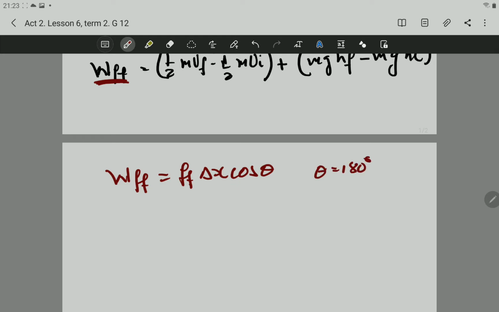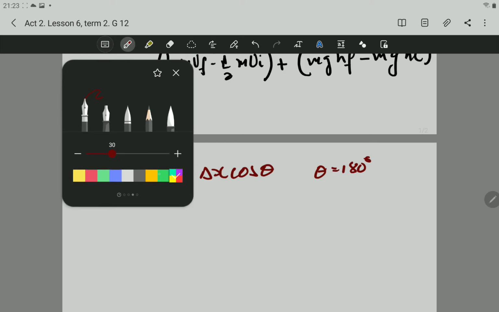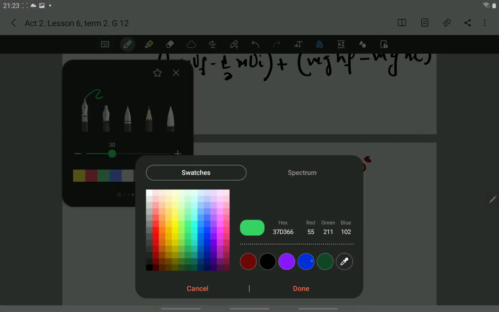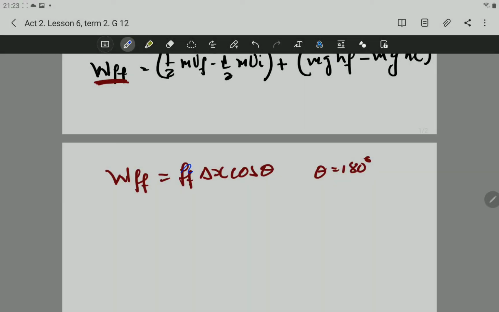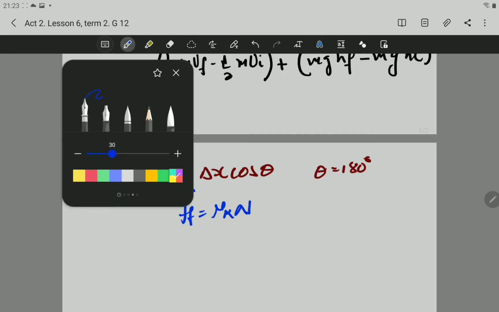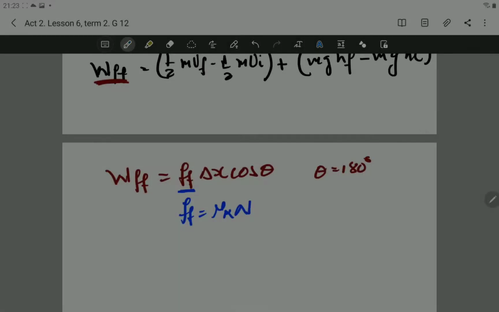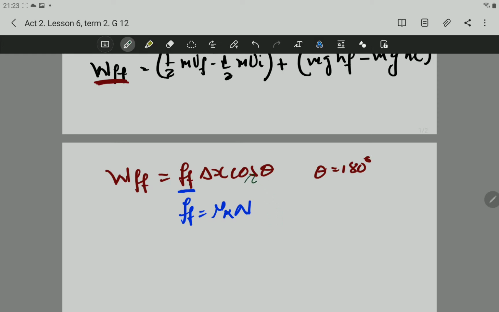Now, the problem here is that we don't have the frictional force. In previous videos we recall that the frictional force is equal to the kinetic coefficient of friction multiplied by the normal force. Once more, we do not have the normal force, so we need it.